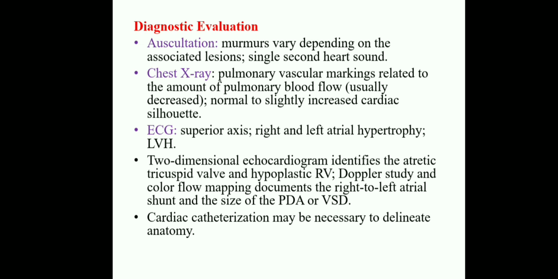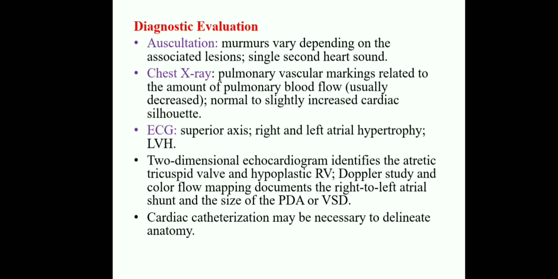Usually the pulmonary blood flow is decreased because of the narrowing, normal to slightly increased cardiac silhouette. Because the pulmonary blood flow is decreased, the child suffers with cyanosis.